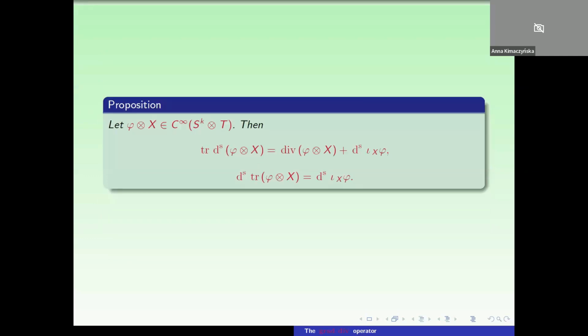We have some properties. Let phi times x be from C infinity of S^k tensor T, then trace ds of phi times x is divergence of phi times x plus ds i_x phi, and ds trace of phi times x is ds i_x phi.